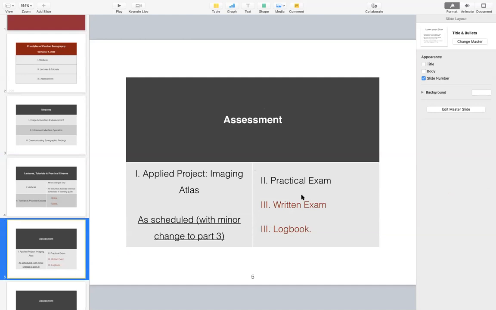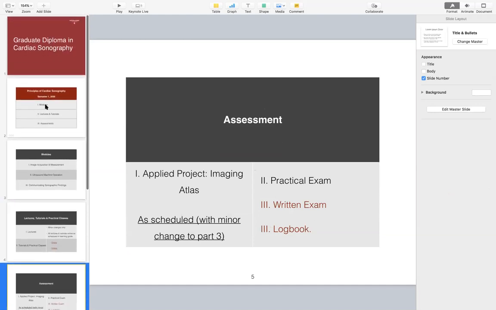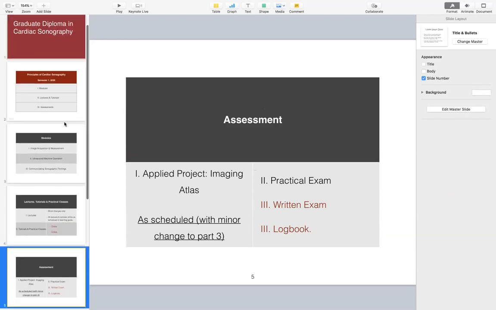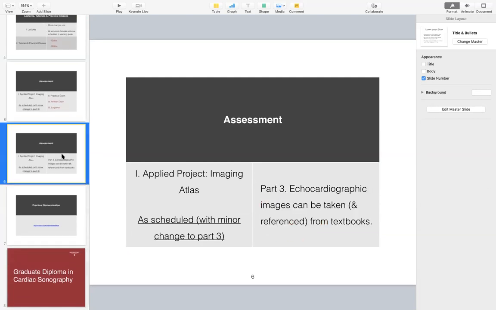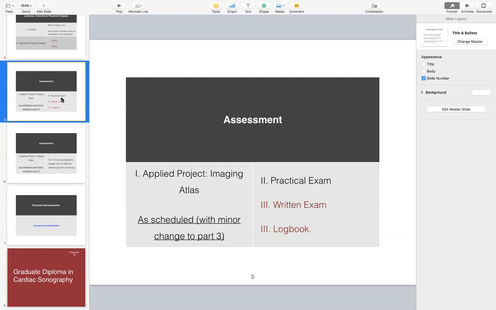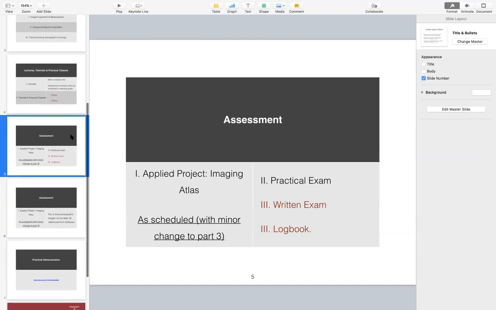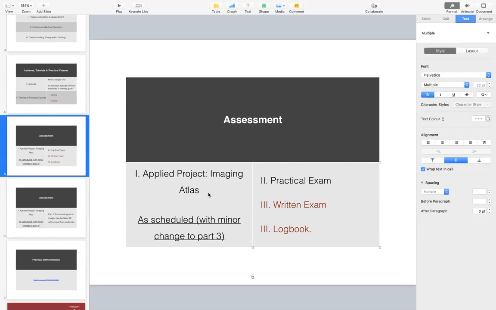What I really want to talk to you about, though, this is actually going about it the wrong way. I'm talking about the practice of cardiac sonography here now. I'm sorry, the practice of cardiac sonography. So, as you know, the assessments for this involve 4 things: an imaging atlas, which you recently submitted, and I'll talk to you a little bit about that.